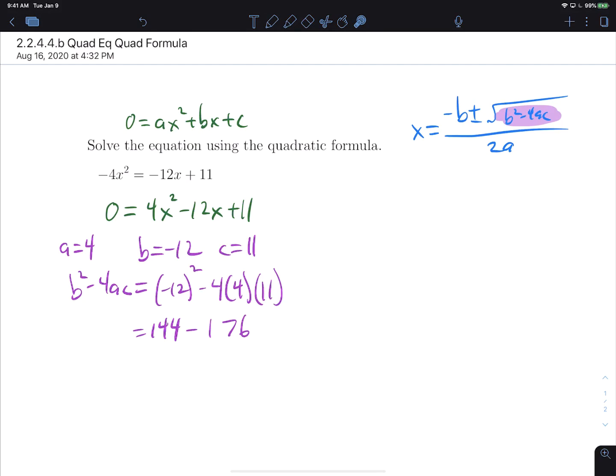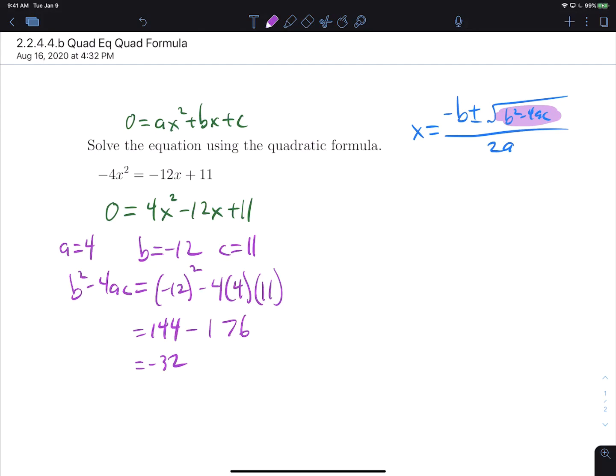And then 144 minus 176, what is that, 32? Negative 32, I believe. Yes, negative 32. Okay, good deal.